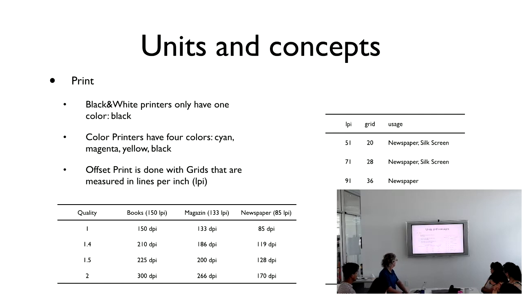Roughly speaking, more than 300 doesn't do you any good for print. With screens, we are in an interesting situation where screen resolutions these days, particularly on mobile devices, can be so high that they might even exceed 300. That gets interesting. But we're talking about paper.